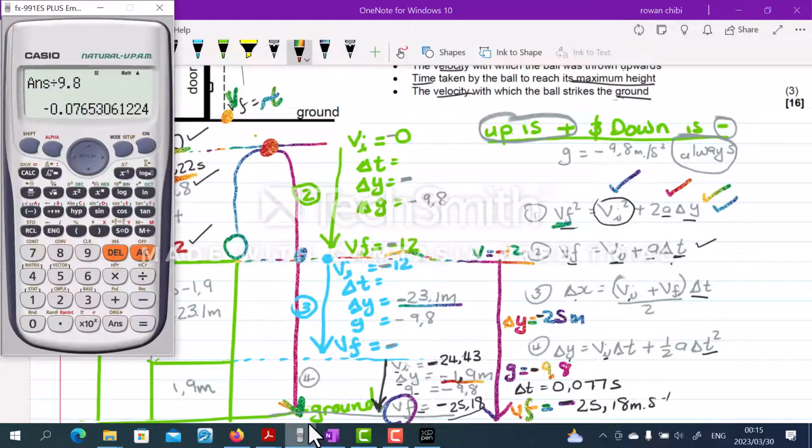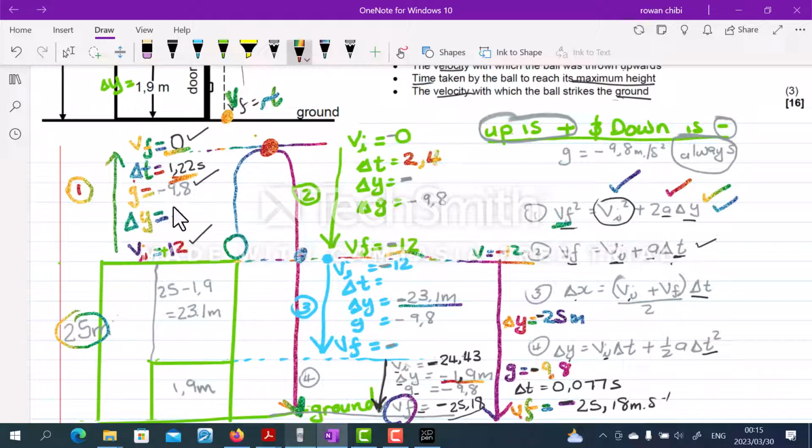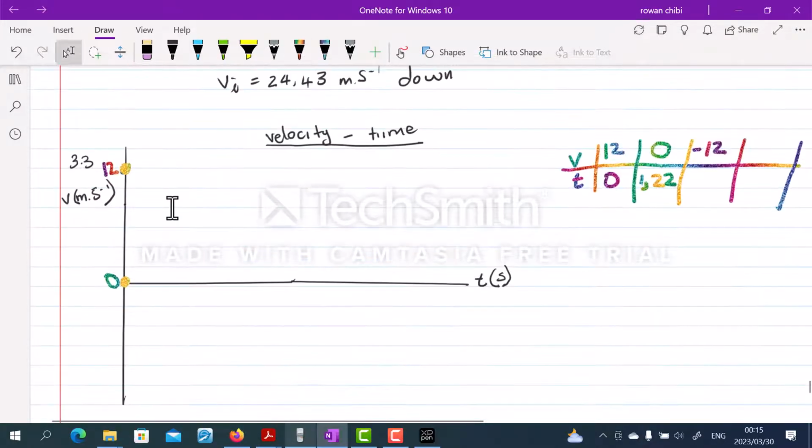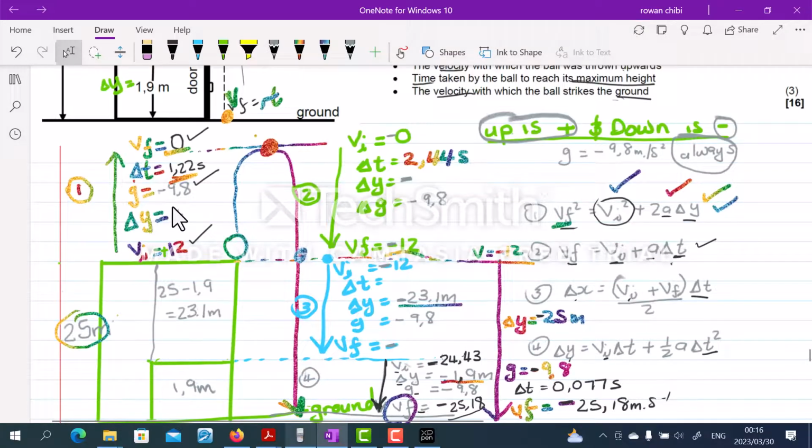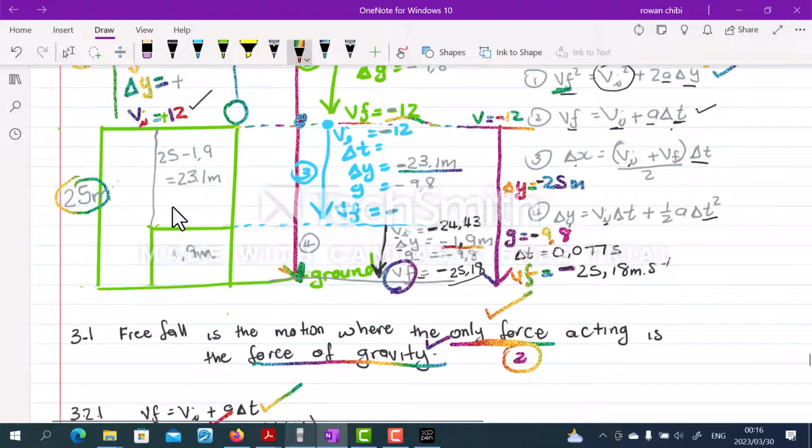So it's 1,22 times 2, and the time is 2,44 seconds. The last point is on the ground. What is v on the ground? V on the ground is negative 25,18.